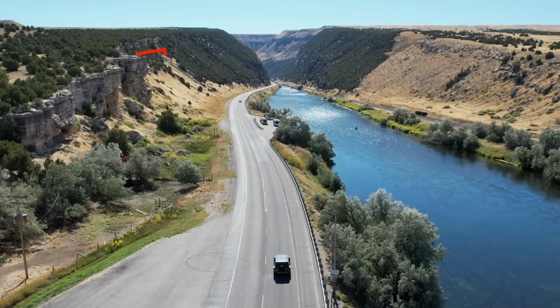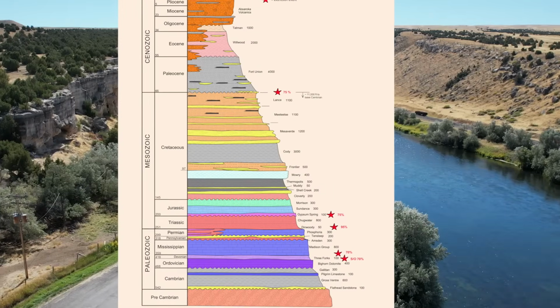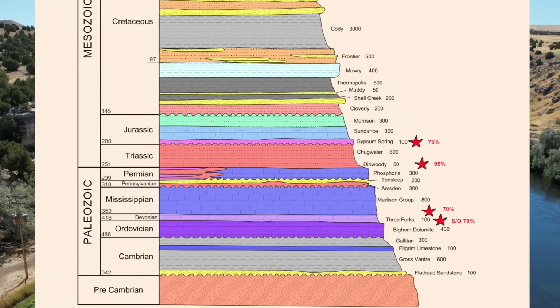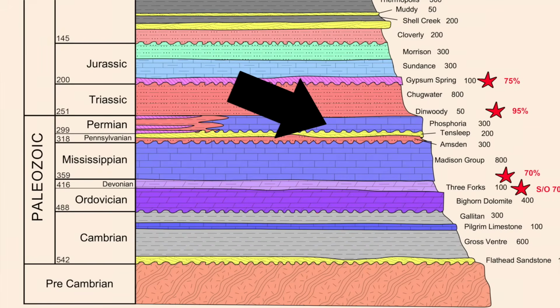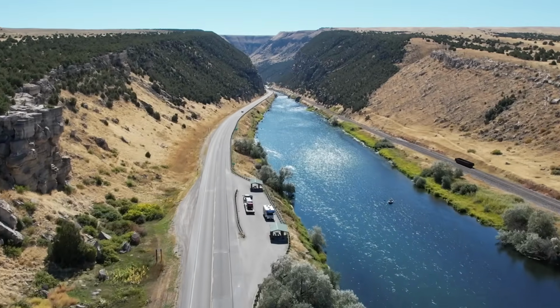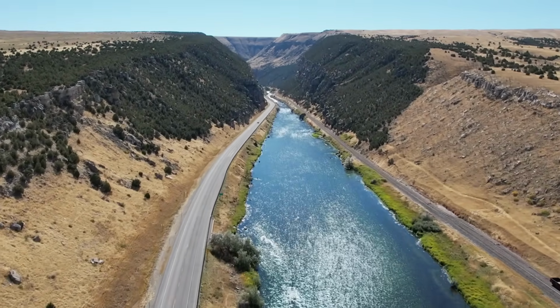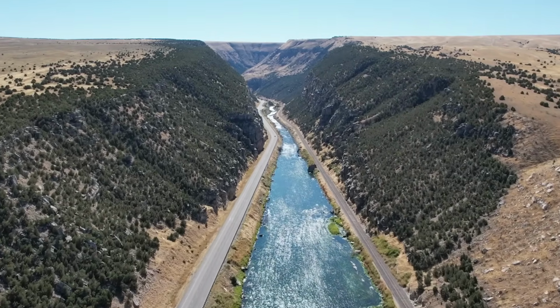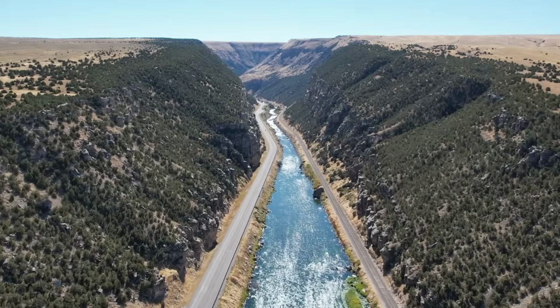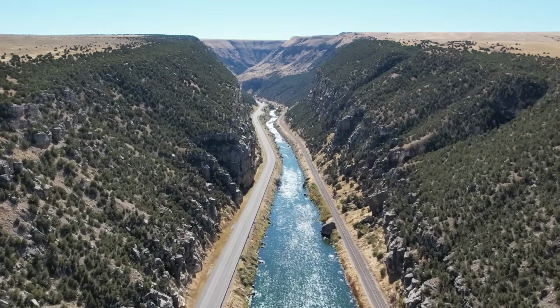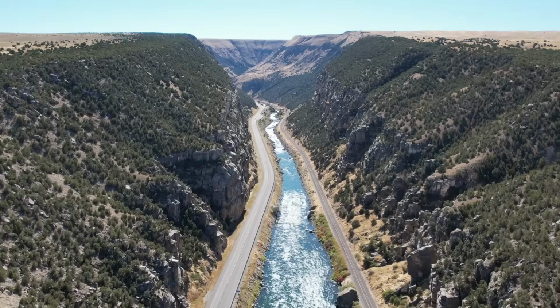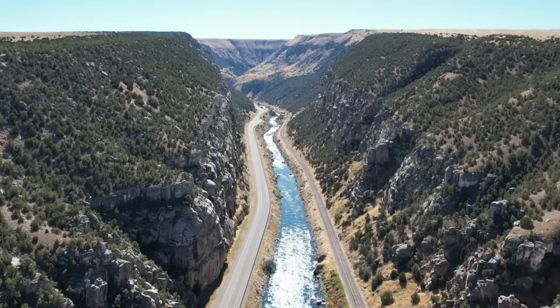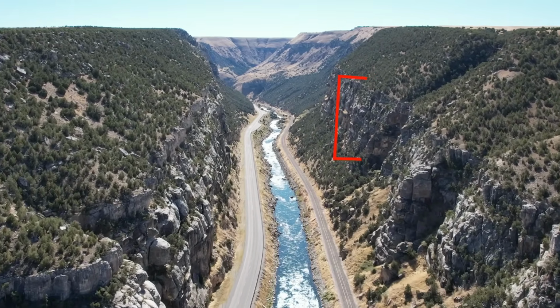This layer of rock or formation is the Permian Age Phosphoria. As we cut deeper and deeper into the rock, we come to the Pennsylvanian Age Tensleep Formation.